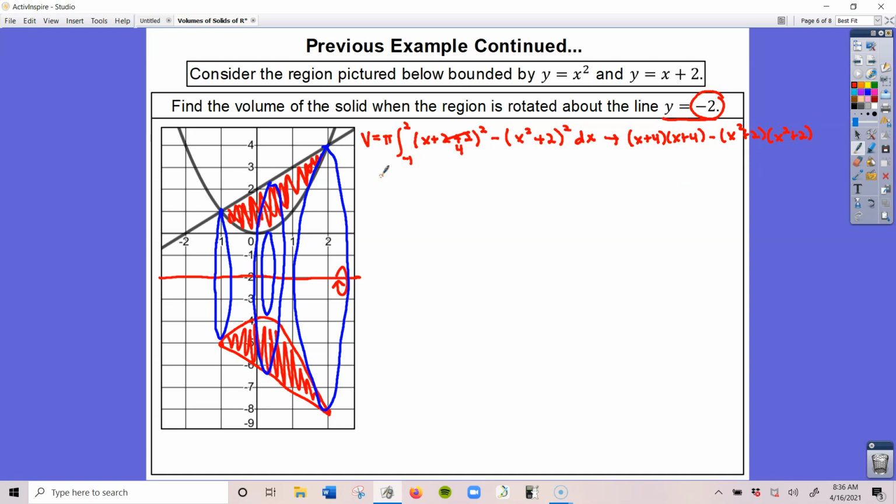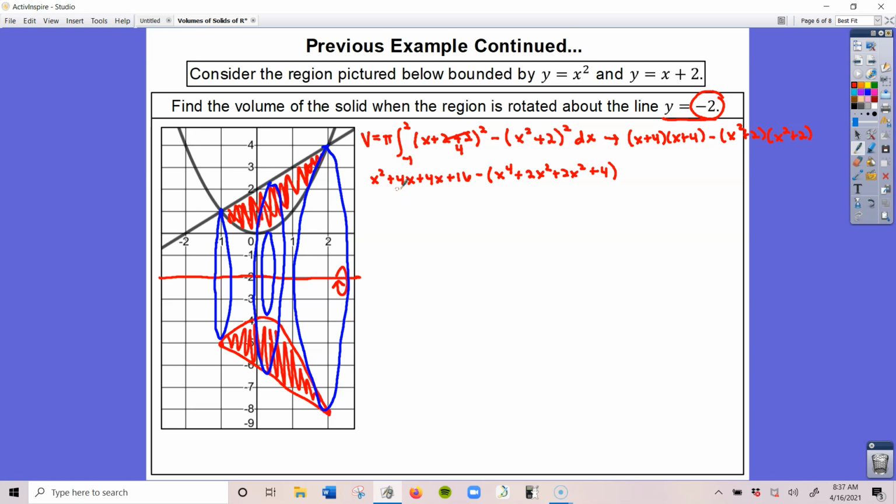First we have these two here, and that would be x squared plus 4x plus 4x plus 16. Minus, now because I'm subtracting everything on the outside there, I'm going to open a parenthesis to remember to distribute that negative. So this would be x to the 4th plus 2x squared plus 2x squared plus 4.